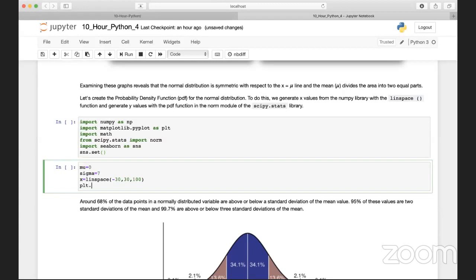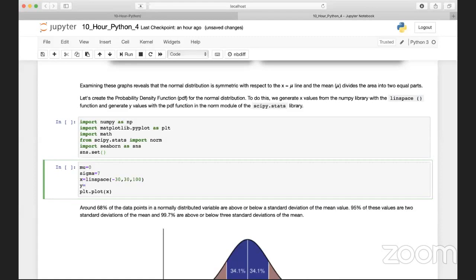Right, plt.plot. X is the linspace. I forgot to define the Y. Y is equal to norm.pdf. This pdf generates the probability density function, which takes X, mu, and sigma. Let's talk about this.